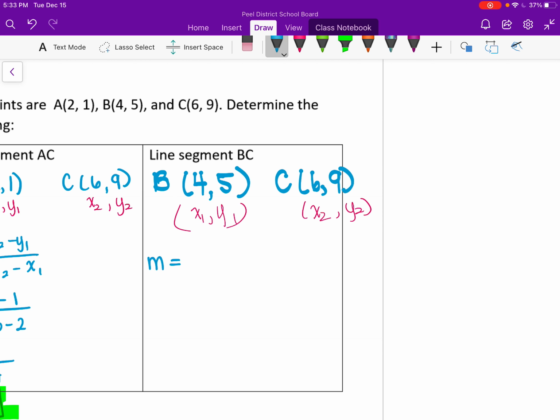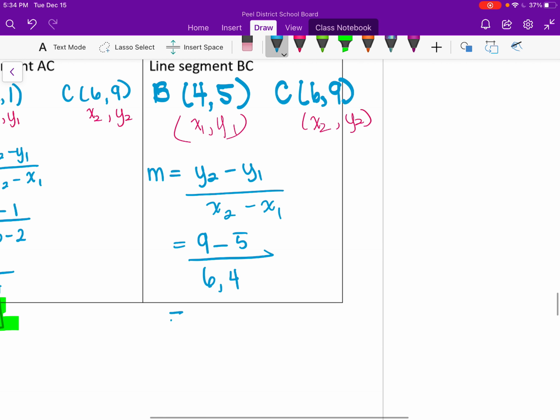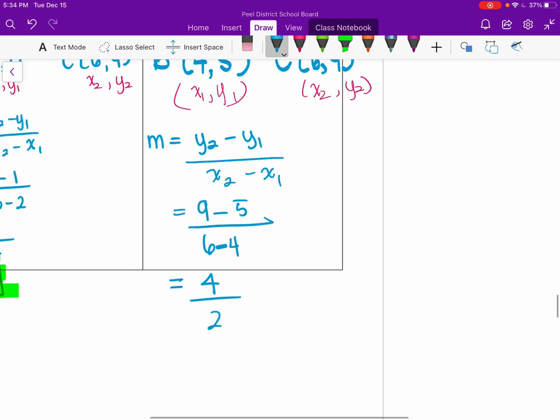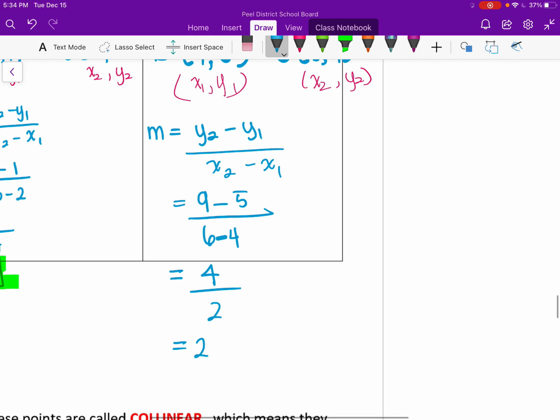M is equal to y2 minus y1 over x2 minus x1 equals, y2 is 9, y1 is 5, x2 is 6, x1 is 4. 9 minus 5 is 4, over 6 minus 4, sorry, I forgot to put the minus sign in there, 6 minus 4 is 2. 4 divided by 2 is 2, so m is equal to 2.